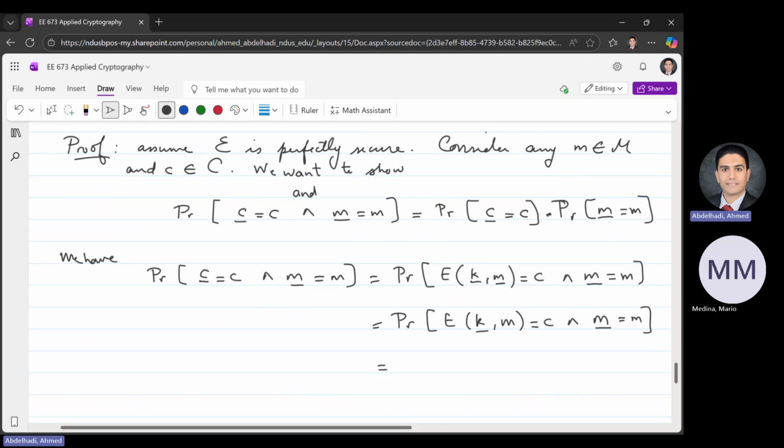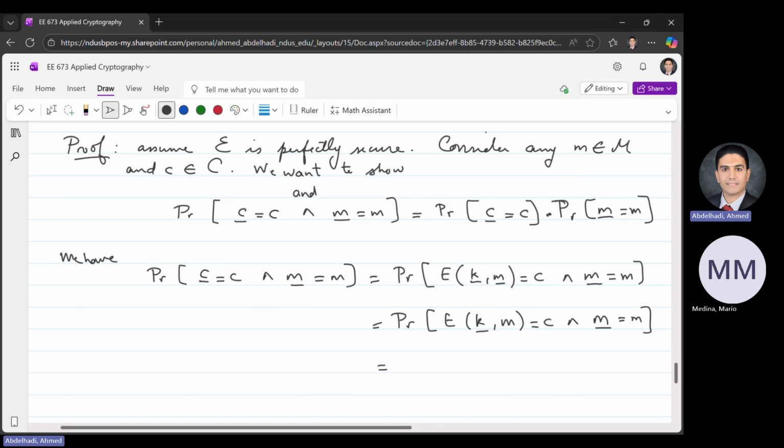Now the first term only has the random variable K, and the second term only has the random variable M. The whole function in the first term has only one random variable, which is K. The second event only has the random variable M. And what do I know about K and M?